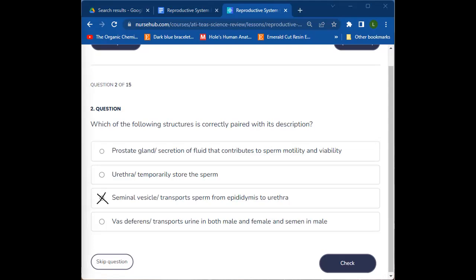Oh, that's right. D. No, that's the urethra. Oh, it's the prostate. Gosh, that's the one I was going to pick. Yep. So it helps with the motility, like we said, the coagulating and decoagulating.